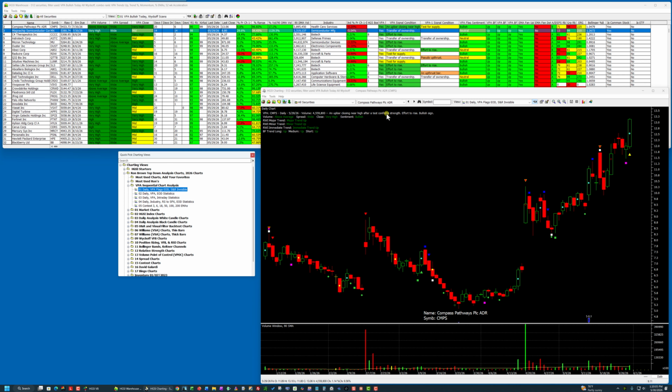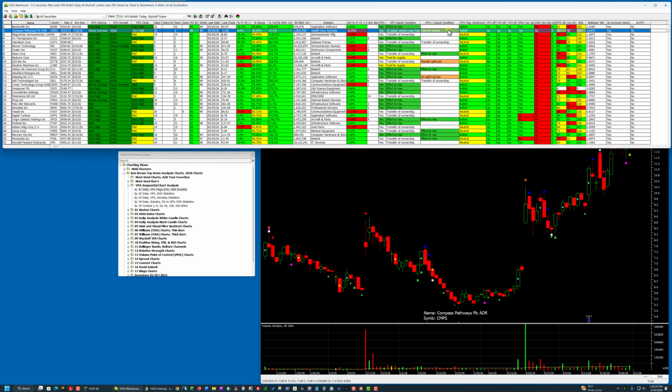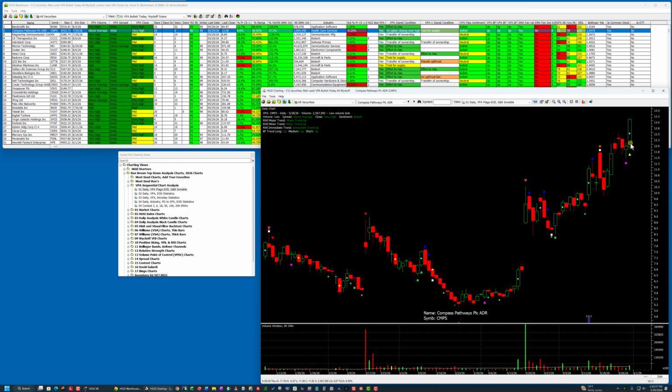An up bar closing near the high after a test confirms strength. Oh, let me go back here. Effort to rise, bullish sign. And if I look up here, like I said, this is Compass right here. I said that there was a test for supply the prior day and an up bar closing near the high today.